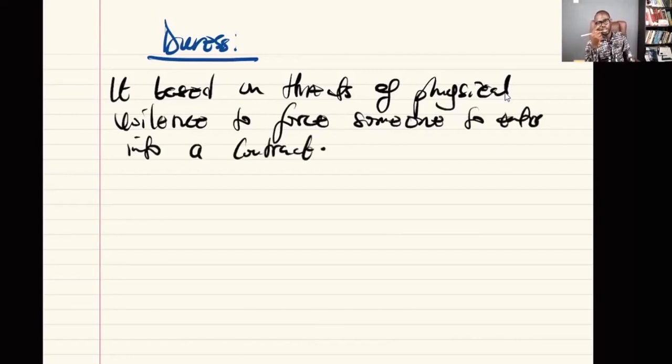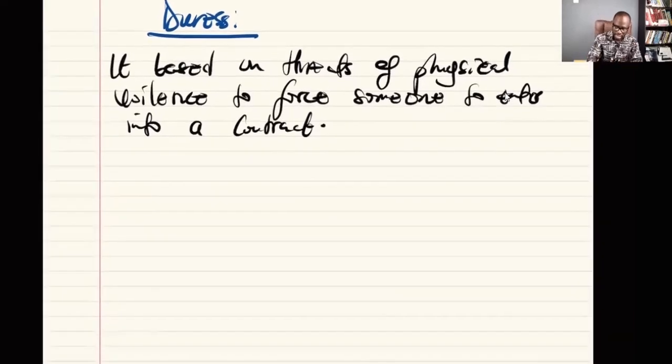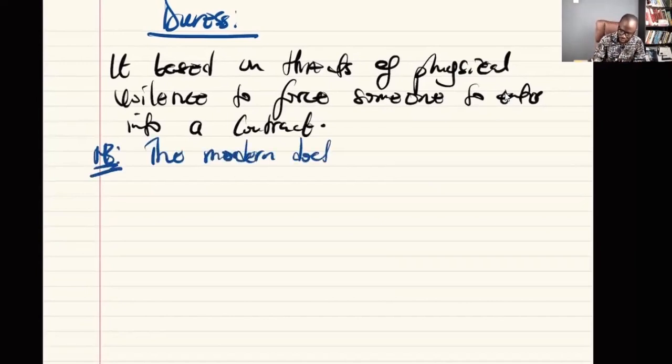Now, what happens is that for you to prove that yes, this is what is going on, the injured party or the victim, so NB, the modern doctrine requires that, because you can't just go to the court and say I was forced.